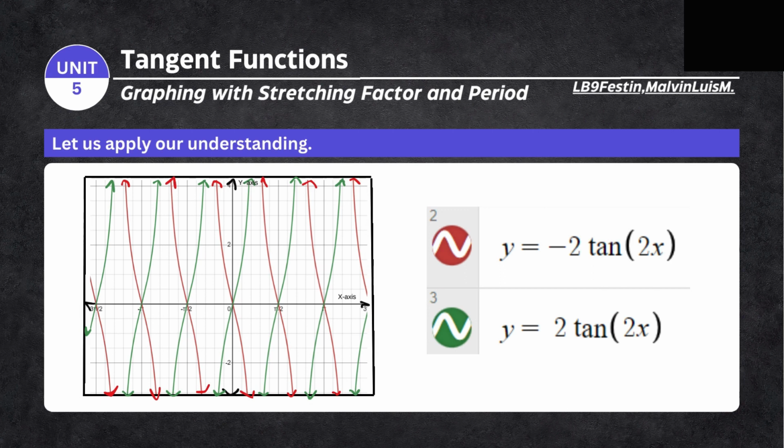As you can see here, when we turn our stretching factor negative, it causes our graph to reflect or to switch sides vertically. However, it still preserves its period, and it still preserves all the qualities and characteristics of the original graph. However, it is now reflected. Again, this is Melvin Festin for graphing tangent functions with stretching factor and period.